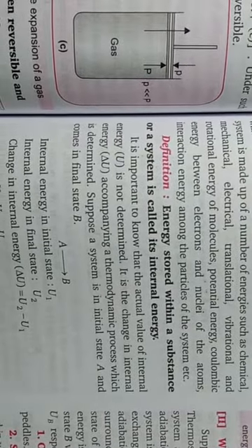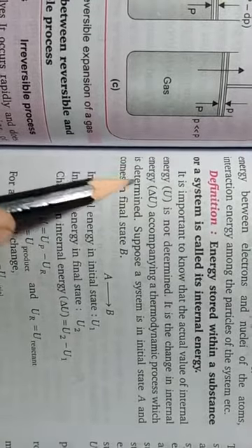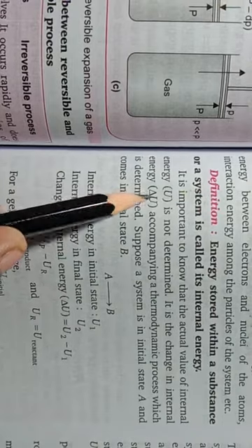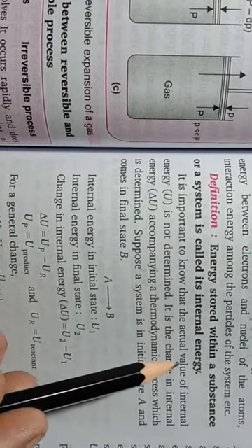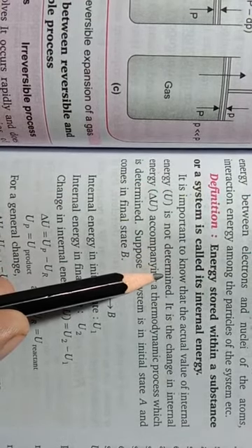Now we will discuss change in internal energy. Change in internal energy is represented with delta U, and it is important to know that the actual value of internal energy is not determined.